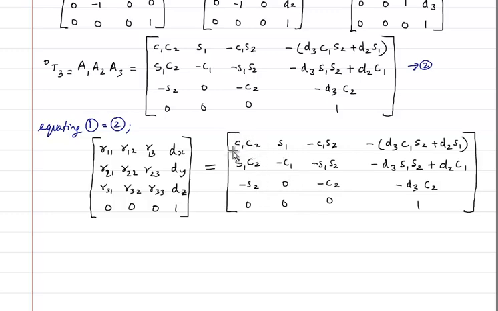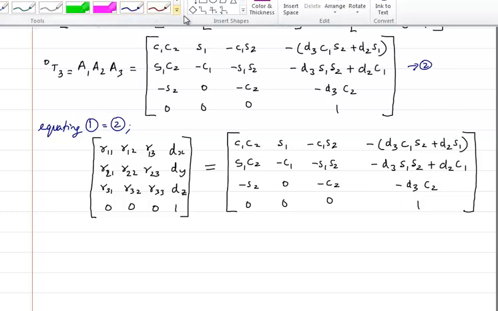There are many ways in which we can do it. Once I get theta 2, I can use this part of the equation to get the value of d3. That will finish theta 1, theta 2 and d3. So let me do it one by one.